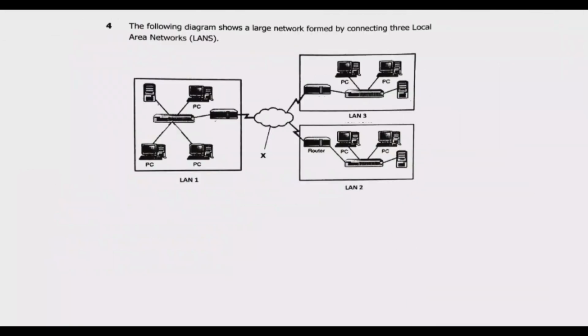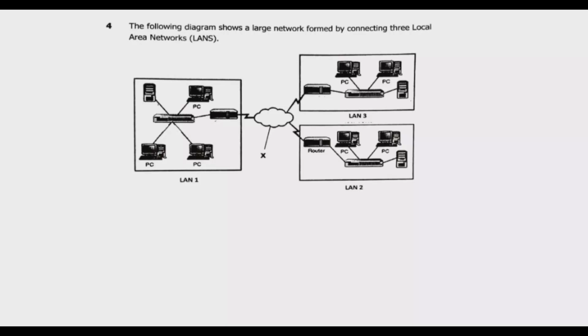Question 4 is as follows. The following diagram shows a large network formed by connecting three local area networks, LANs. So what you need to do is pay attention to the diagram, study it, and make sure that you fully understand. You pay attention to things like the parts that are labeled by letters, like we have got X there, we have got line 1, line 2, line 3.